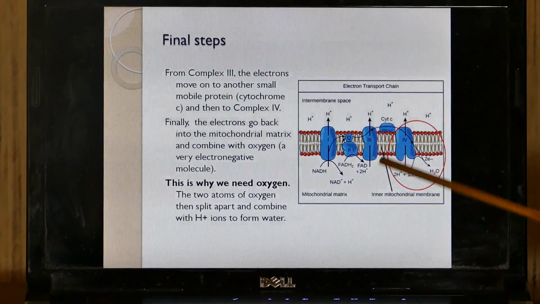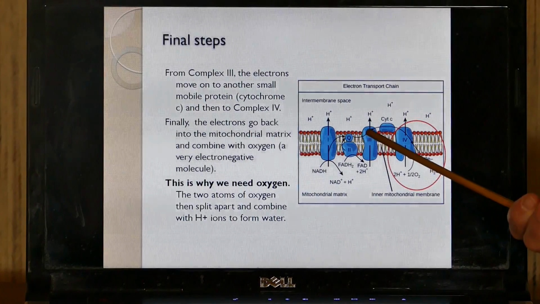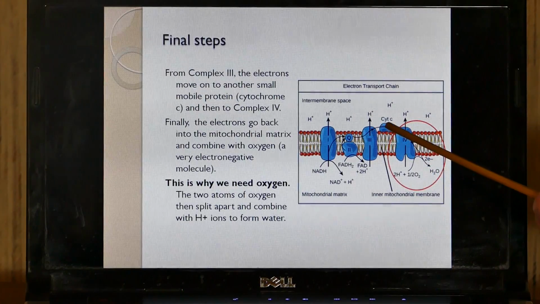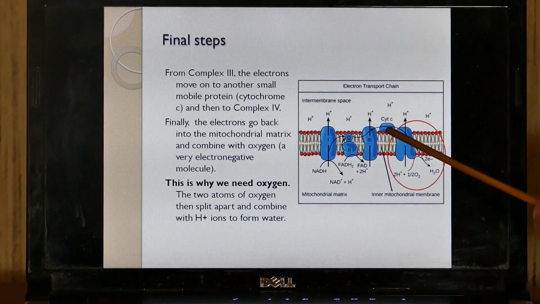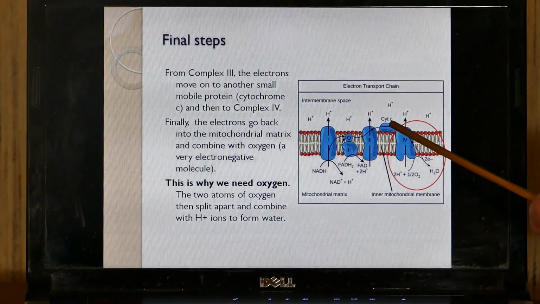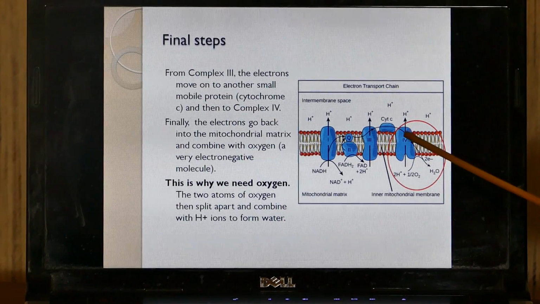Then final steps, the electrons pass into this other small mobile protein on the outside of this mitochondrial membrane called cytochrome C or cyt C. And then the electrons move into protein complex 4.